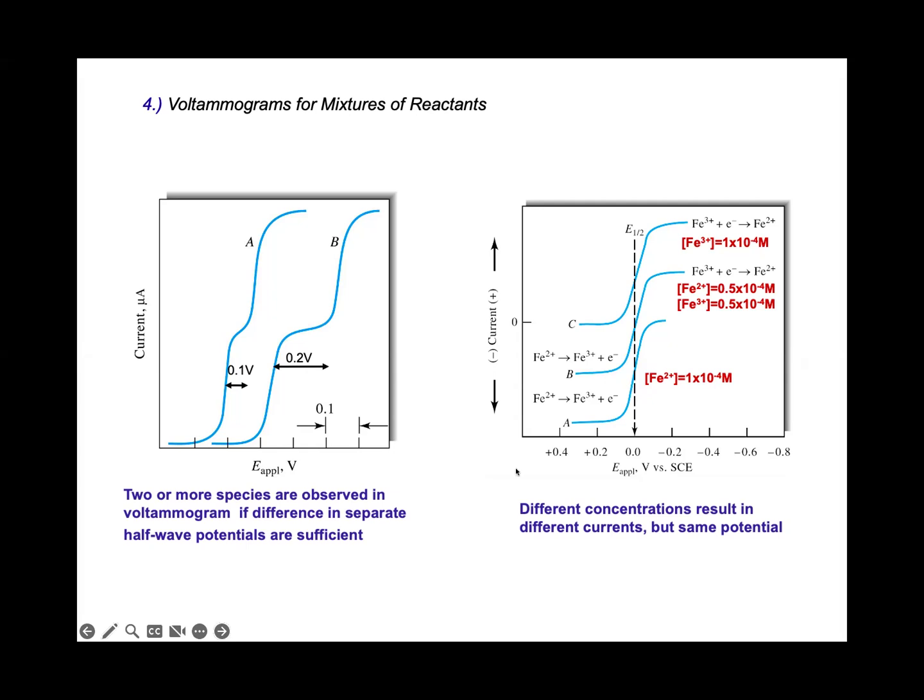And if we have, for example, ferrum 2 plus with different concentrations, different concentrations result in different current but the same potential, because they are the same species.